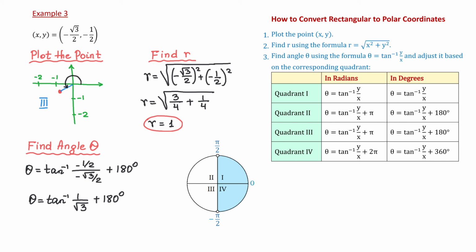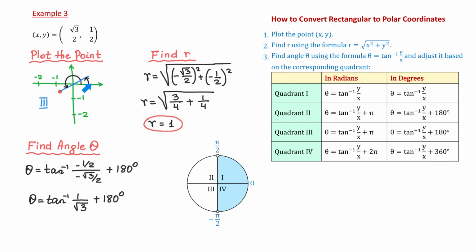The tangent in quadrant 3 is positive, but so is in quadrant 1. So when we evaluate the inverse tangent of square root of 3, instead of displaying an angle in quadrant 3, the calculator will display an angle in quadrant 1. So if we use a calculator to find the inverse tangent of 1 over square root of 3, we will get 30 degrees, which is an angle in quadrant 1.